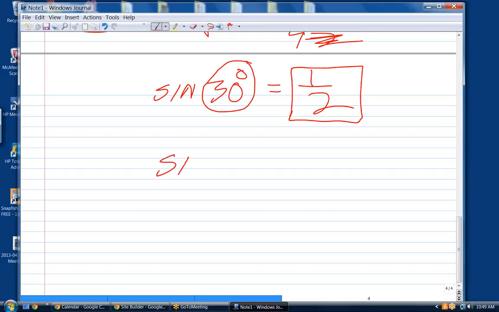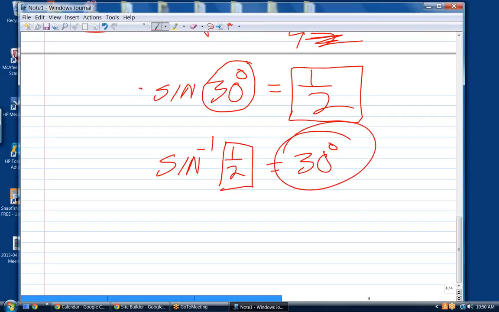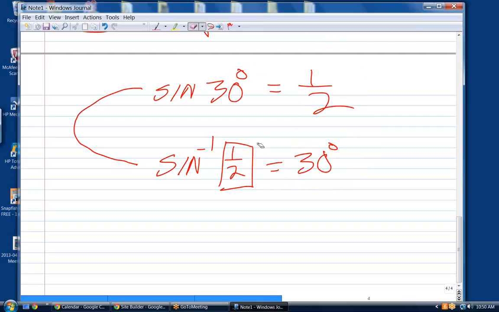That is only true if the inverse sine of the number equals the angle. This is an if and only if. Sine of 30 equals 1/2 if and only if the inverse sine of 1/2 equals 30. So just remember you have to reverse the range and the domain.